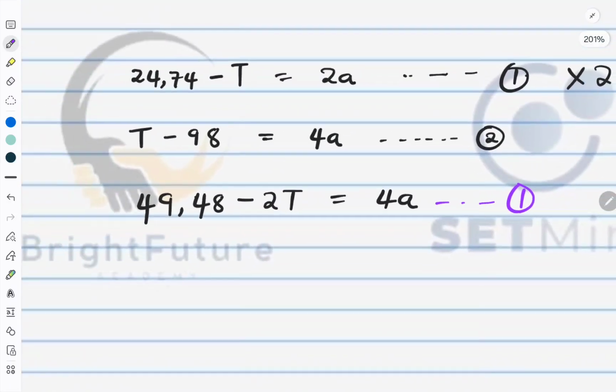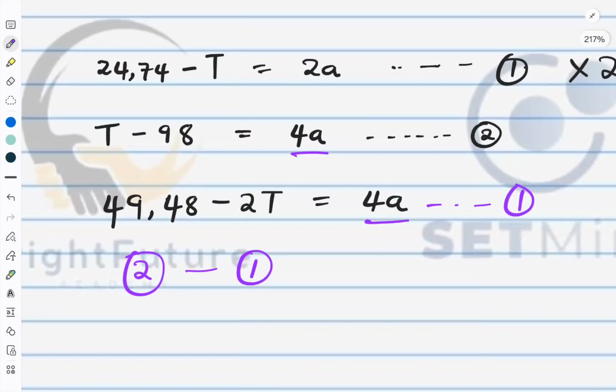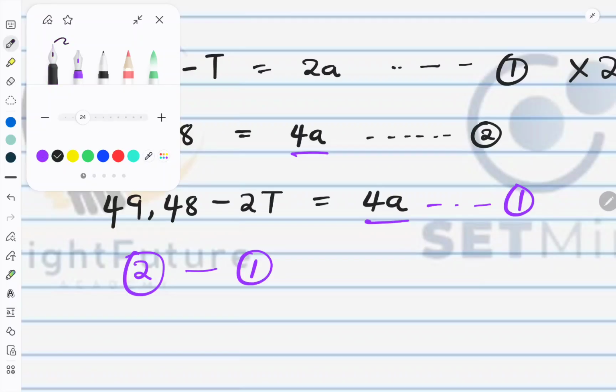So if they are matching, it means if I say equation 2 minus equation 1, doesn't matter which one you start with, these guys will go away because they will subtract each other, and it will be 0 on the right hand side. The reason we can do this, it's perfectly fine. It's one of the ways you can solve simultaneous equations mathematically. So that's another way you could have done it.